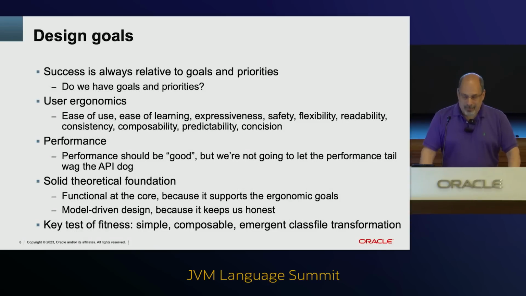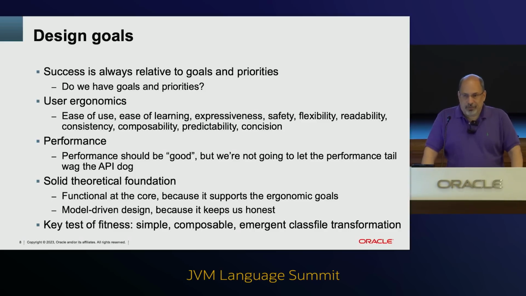Some of the design goals took a while to evolve, but since you always get to redefine them at the end, I can claim that we met all of our design goals. We prioritized user ergonomics over almost everything else. So we cared a lot about ease of use, ease of learning, especially consistency, and I'm going to talk about that more.